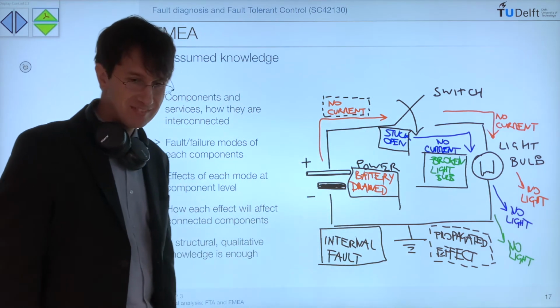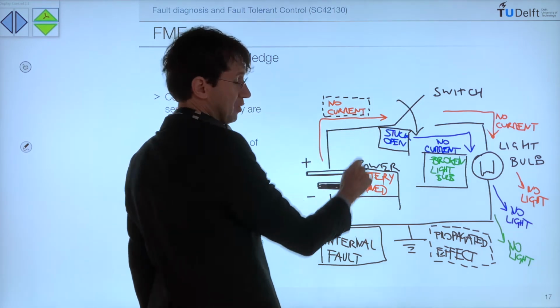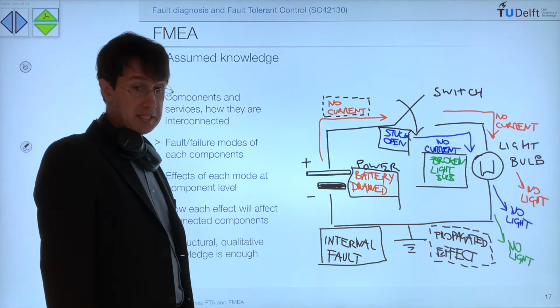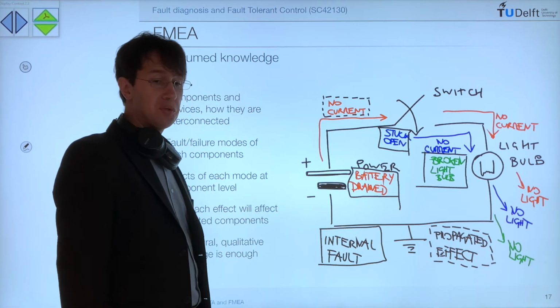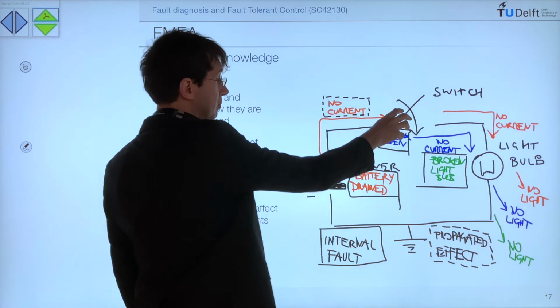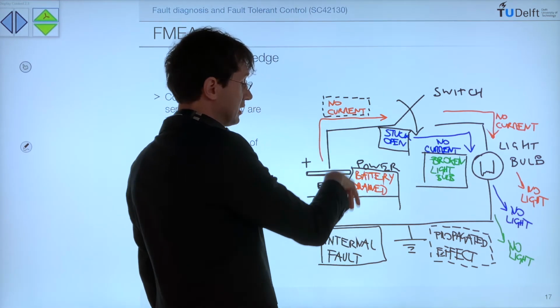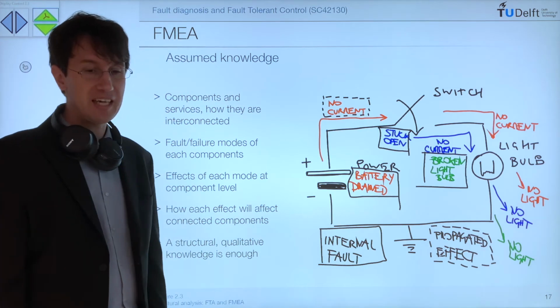So it is a failure of a higher level component in providing its service that is due not to a fault local to that component, but to a fault that happened in a component that is lower in the hierarchy of the system.